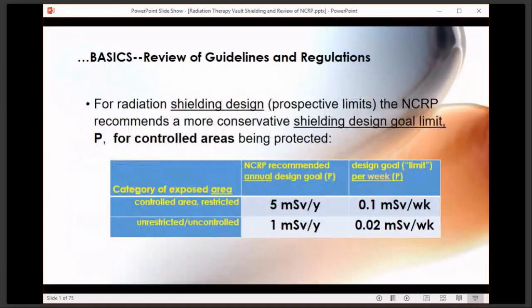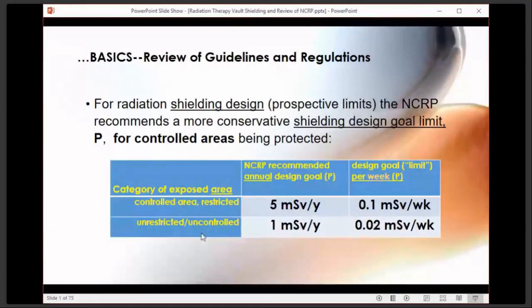When it comes around to shielding, the NCRP has basically looked at, well, if you're designing a facility, you don't necessarily want to design it to the limit, at least for the occupational, the controlled areas. And so they have a quantity called the shielding design goal, or the shielding design goal limit, labeled P. And this really applies to controlled areas.